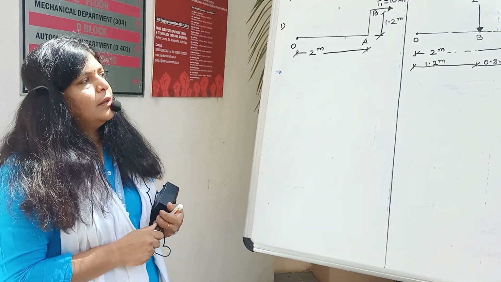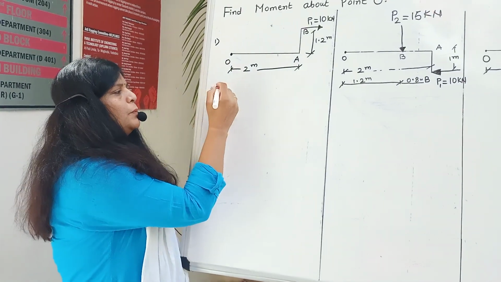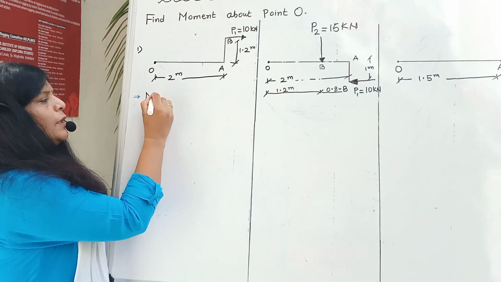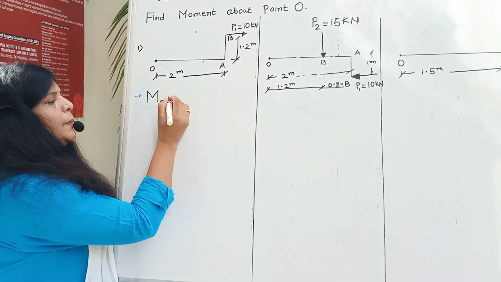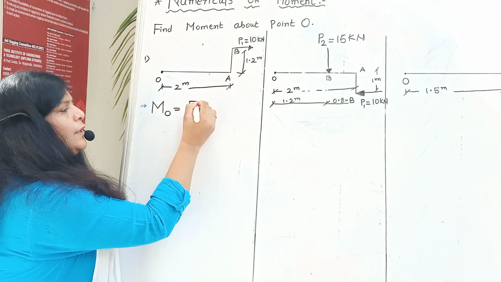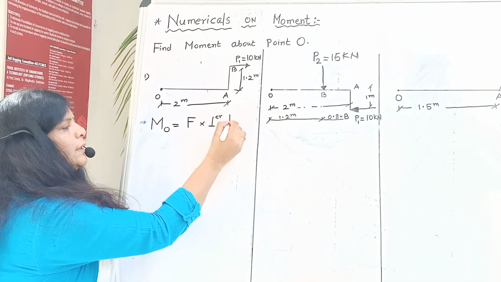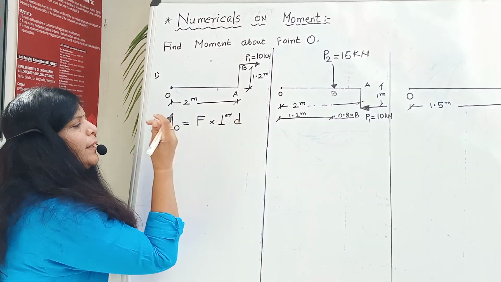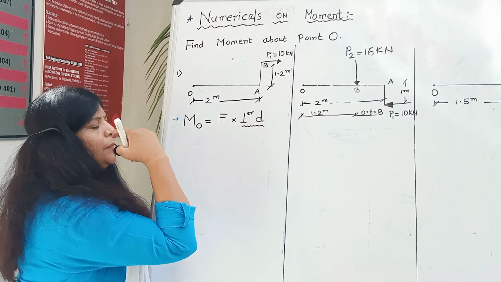Okay? To start with, we all know the formula for moment. What is the formula for moment? Moment about a point O is equal to force into perpendicular distance. This word perpendicular distance is very important. Okay?